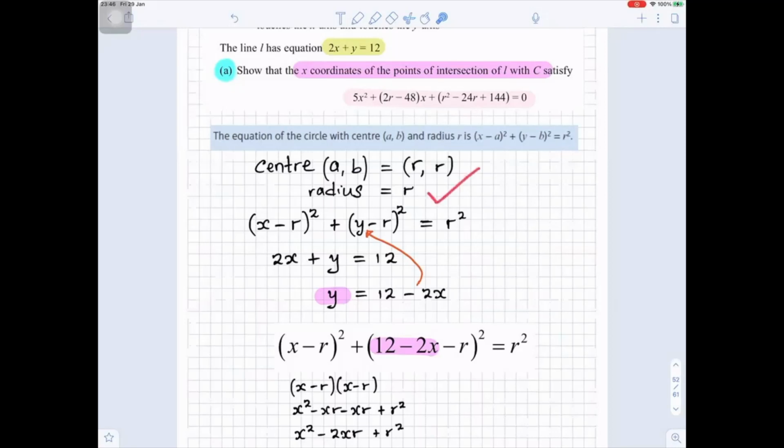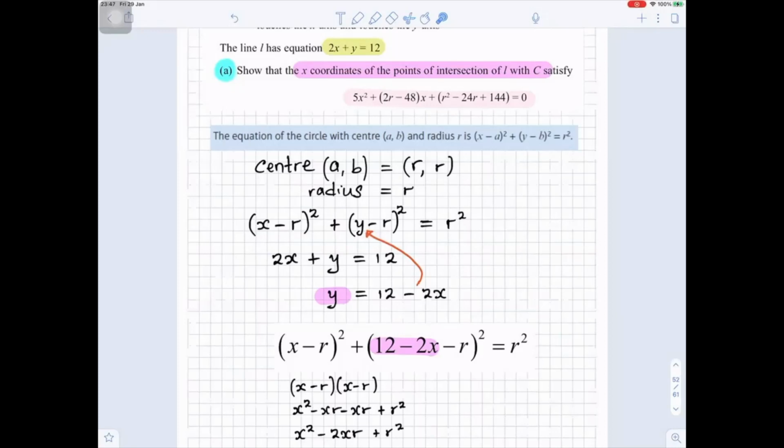So the center is (r, r) because a equals b, and the radius is r. So in that equation for a circle, we'll put a to be r and b to be r. So it's (x minus r) squared plus (y minus r) all squared equals r squared.